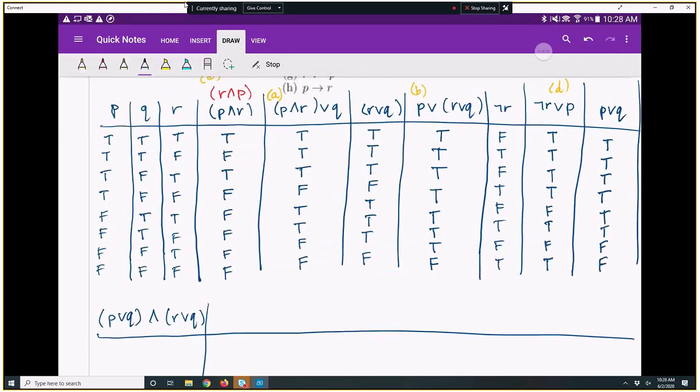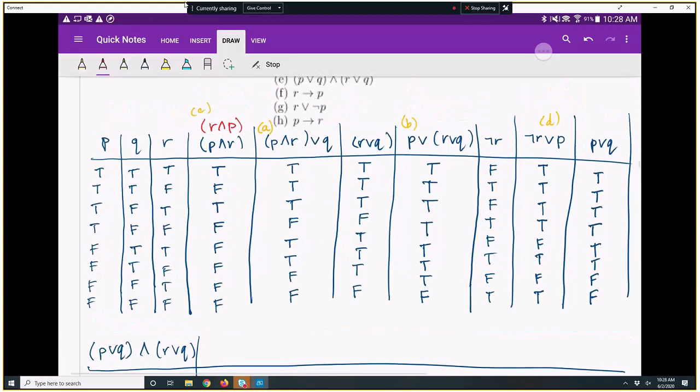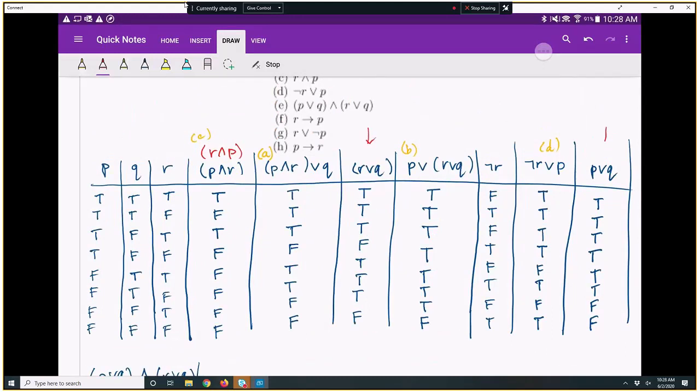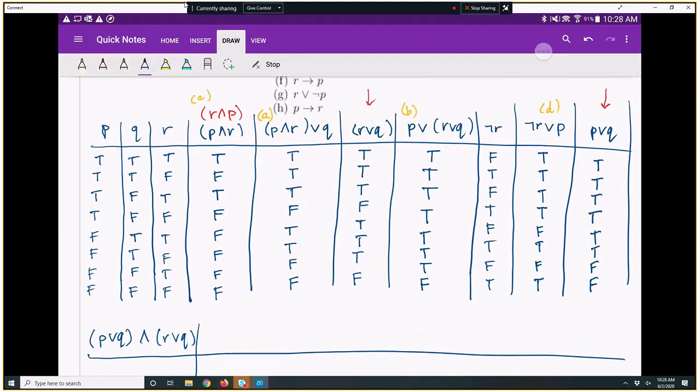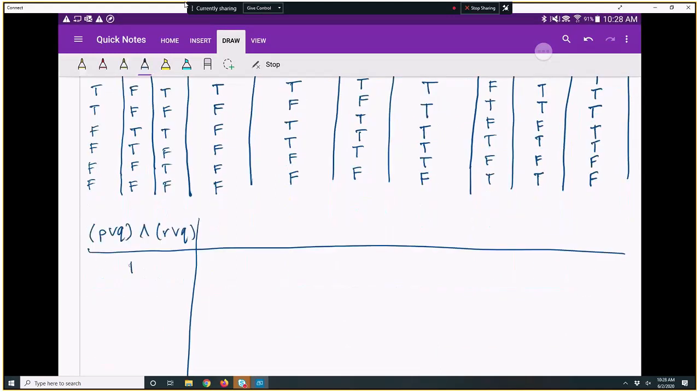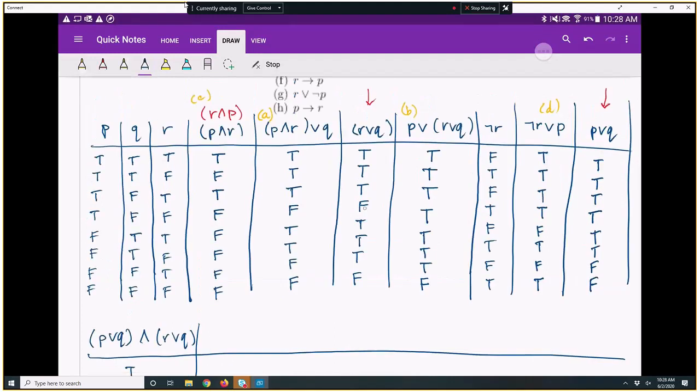And so I'll be looking at R or Q. I'll be looking at P or Q. So first I have true and true, then true and true, then true and true. So the first three are true. Next I have false and true is false.